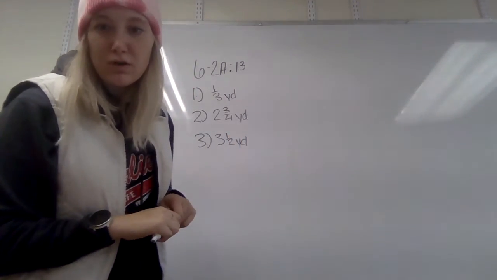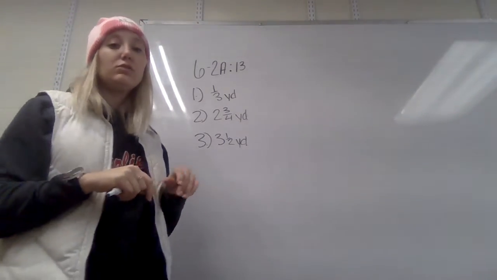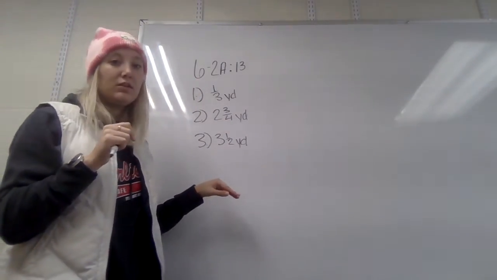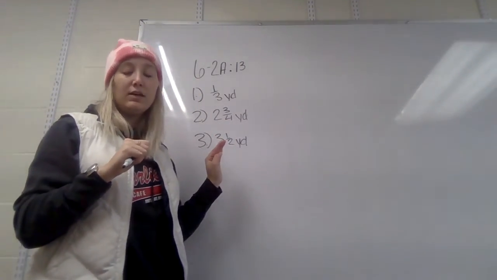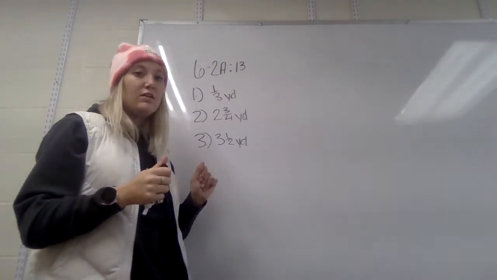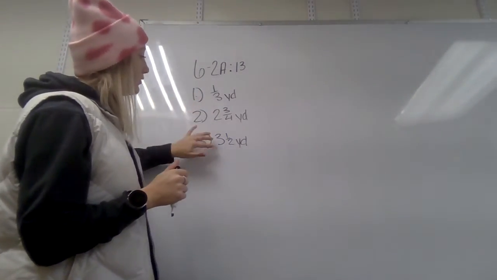Okay. What was the total length of that type of ribbon sold? So we know that the ribbon is the same type throughout these 3 pieces. So we're going to add them all together to equal out our total distance. So I see that there's 1/3, 2 3/4, and then 3.5.